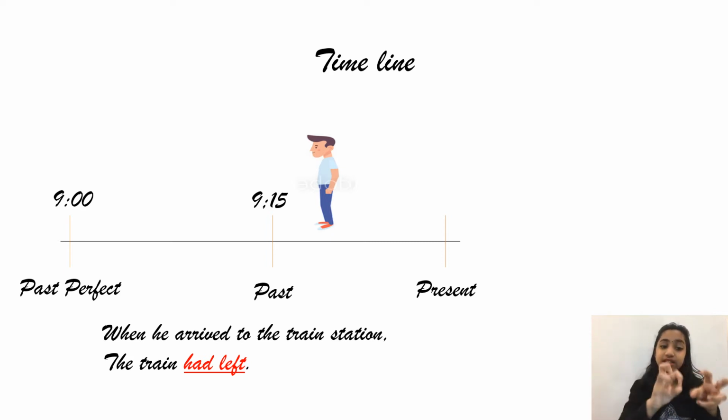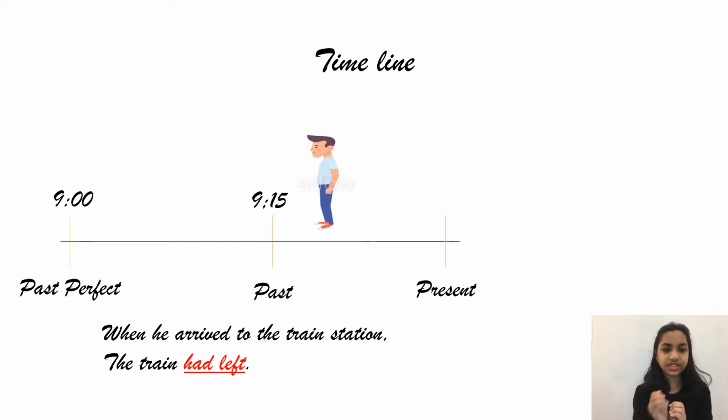There are two actions: one action which is already completed and another action which is also completed. That means there are two past actions, right? So for this one, the second past action we show in the past simple, and the first one, we write after a comma or just continue the line, with the past perfect tense.